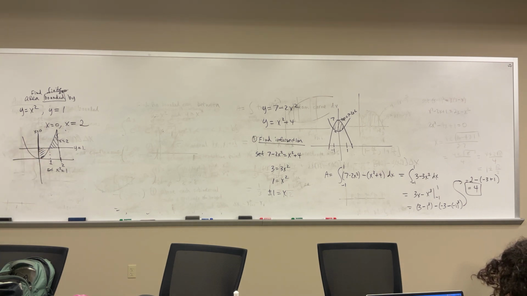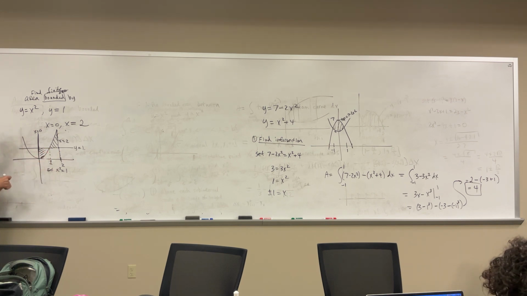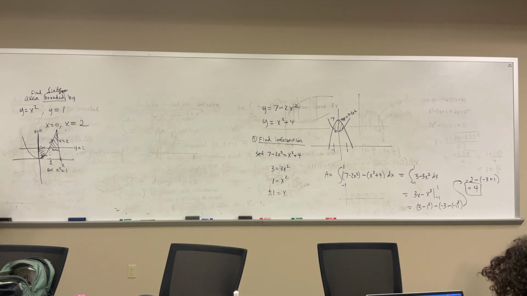That's the only trick in this whole thing: sometimes the top curve flips. Look at what's going on here. Here the top is y equals 1, and the bottom is x squared, but here the top is now x squared, and the bottom has become y equals 1.